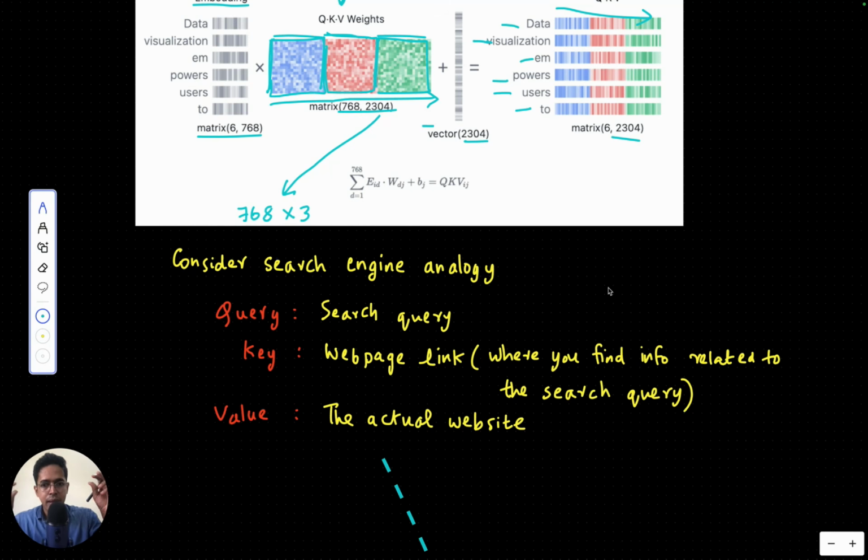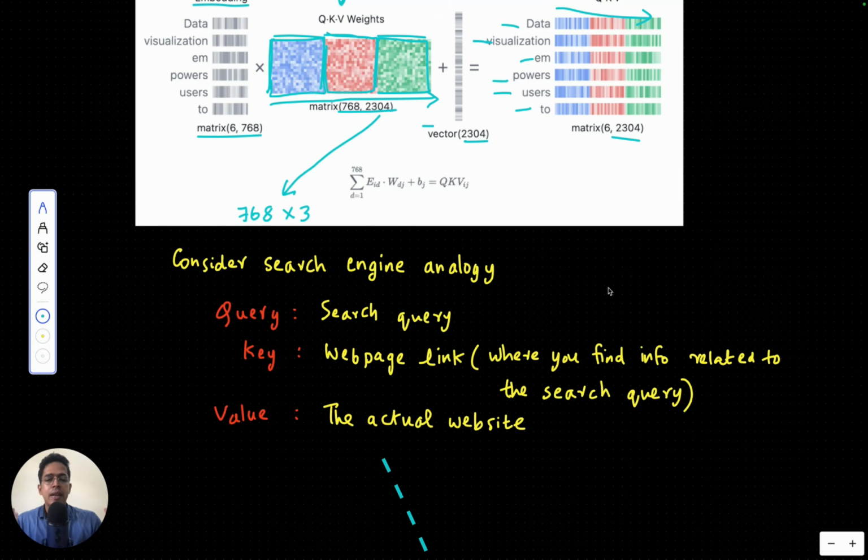So search query is what I'm searching for. Key is where you can find info related to the search query. So if I search Novak Djokovic versus Roger Federer, I will find the info related to this query within the key. And what is this key? This key is a link to maybe a YouTube video. And what is the value?